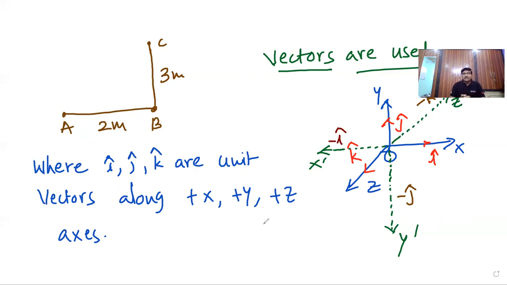Now observe carefully. If I want to use the notations, this is the initial point A, walking 2 meters towards east up to B, then turning at a right angle and walking 3 meters.